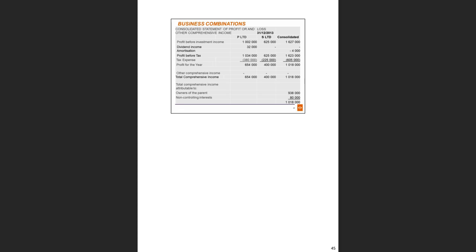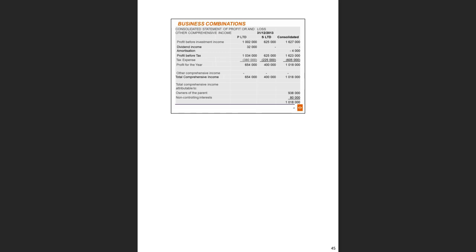Then we have amortization of 4,000 Rand. That is the amortization for the current year. Then we total to get our profit before tax, and we have our tax expense, and then we have our profit for the year. Then we have other comprehensive income, which is nil, and we have total comprehensive income. Now we're showing the total comprehensive income attributable to owners of the parent and NCI.